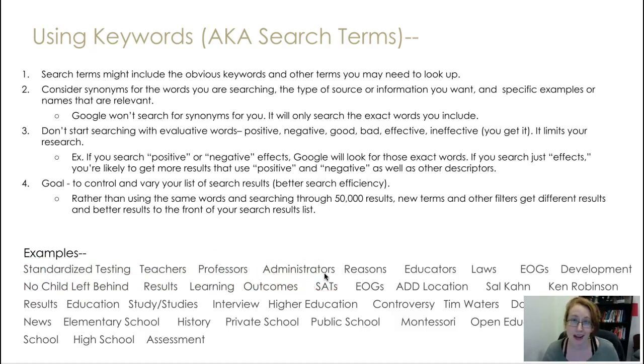You might look up specific kinds of tests like SATs, EOG. You'll notice I've got some specific names of researchers, some different kinds of education models. I've also got terms like assessment, and some specific kinds of information I might want, like interviews, studies, that kind of thing. So don't be afraid to look up as specific of terms as you need to.